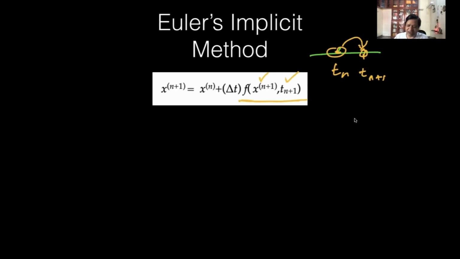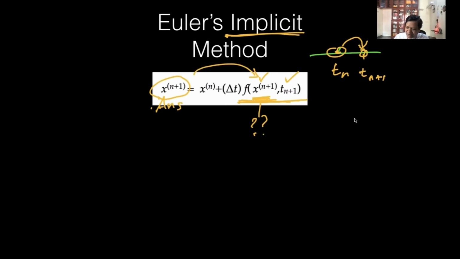This looks nice, but it has a problem. Why? The problem is that I don't know xn plus 1. It is still not computed. I want to get xn plus 1, but I'm supposed to compute f at xn plus 1. That is why it is called an implicit scheme, because my answer depends on the answer itself. So the f computation can be quite complicated.